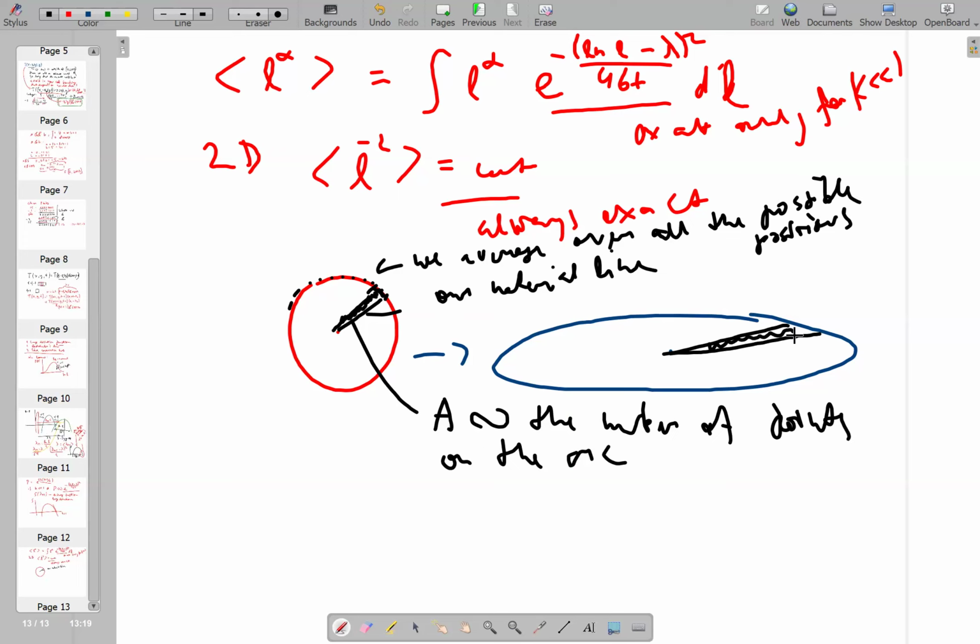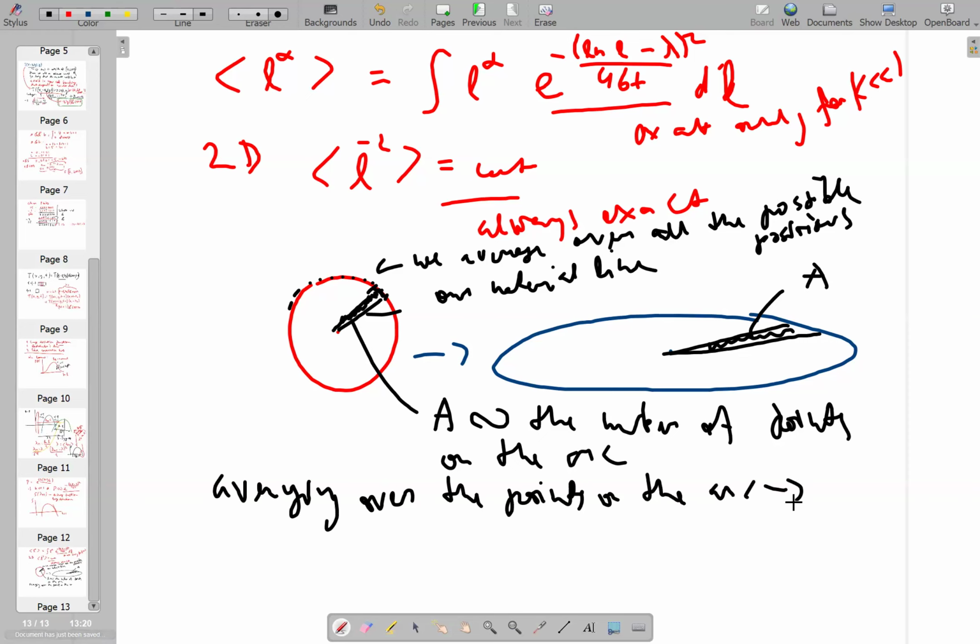And because it's incompressible, it has the same surface area A. Using incompressibility, you can see that instead of averaging over the points on the arc, we can average over the surface area.